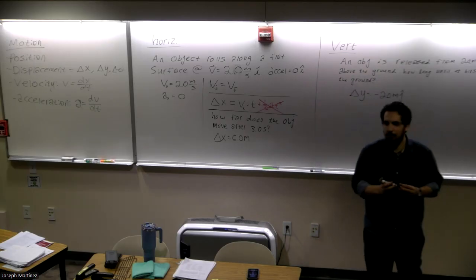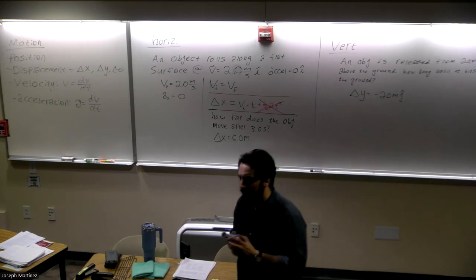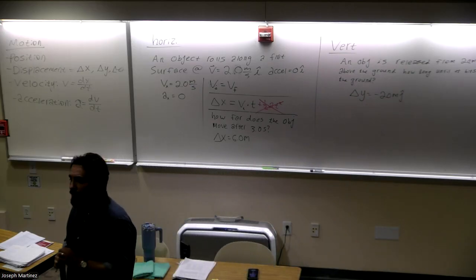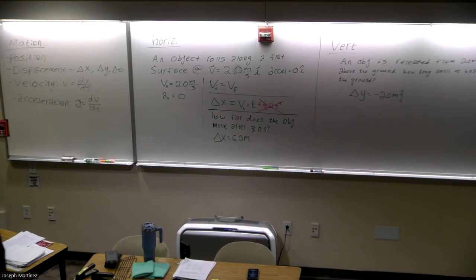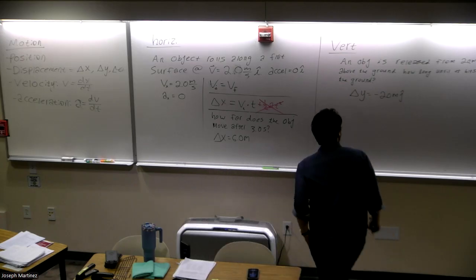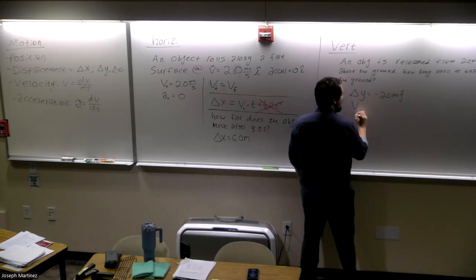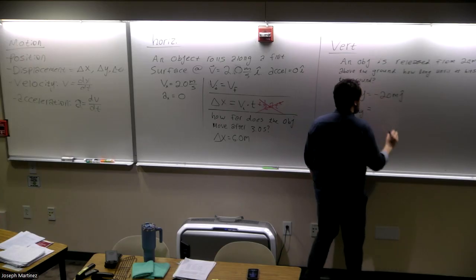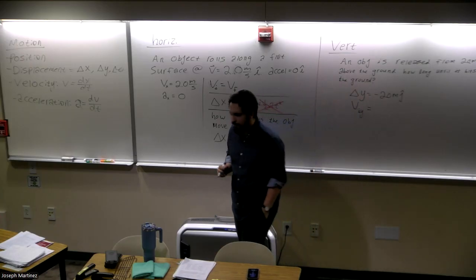That negative tells us what? That it's going down, absolutely. So this is the only value that is directly given to us, but there's more that we can assume. There's more that we can tell from this problem, such as we actually know what the initial velocity is. What is the initial velocity?